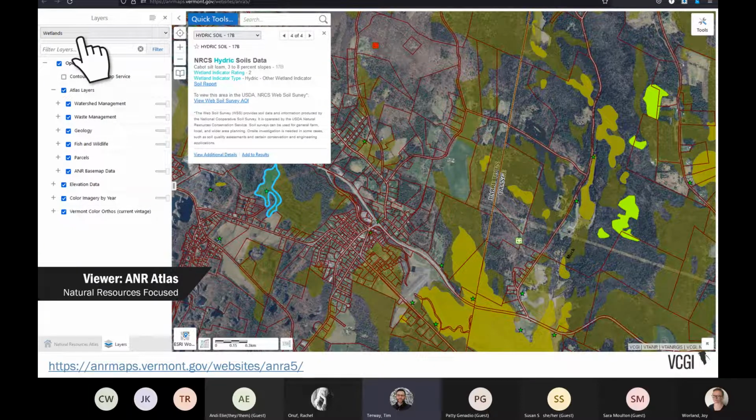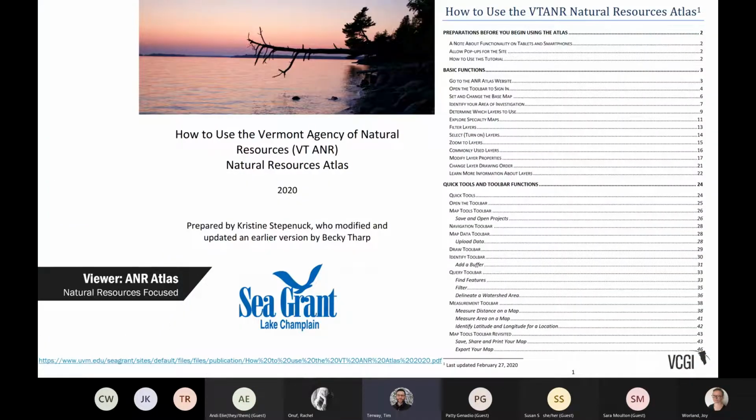So perhaps the best documented of all these viewer applications is the A&R Atlas. There's a wonderful document actually pulled together by partners up at UVM through Sea Grant on how to use the A&R Natural Resources Atlas that I've linked here as a PDF. Everything from the basic functions, the quick tools and toolbar functions are listed here.